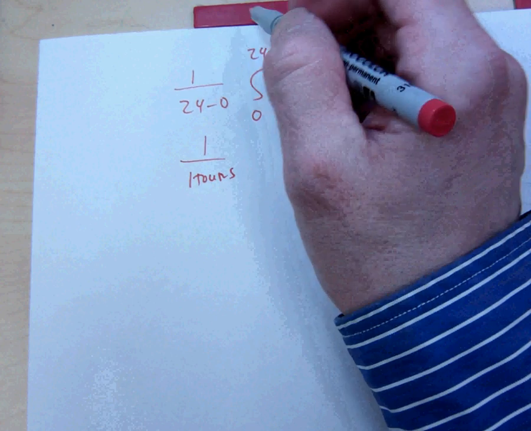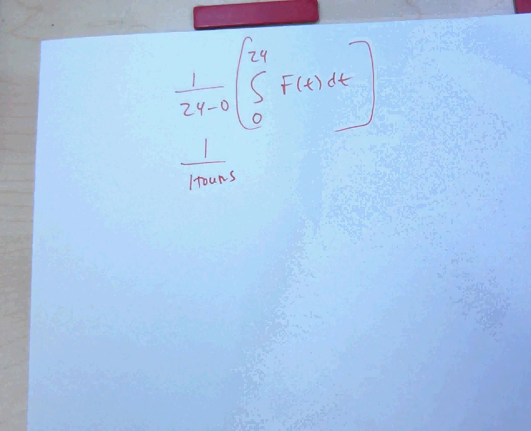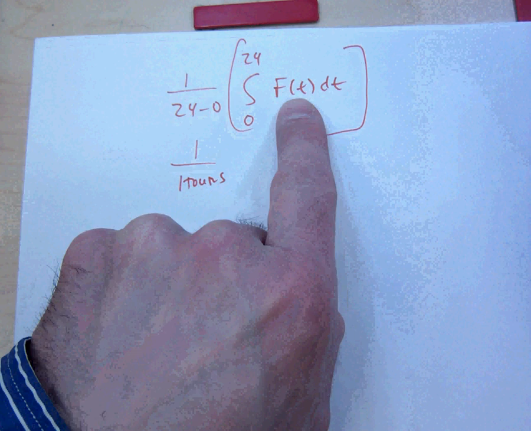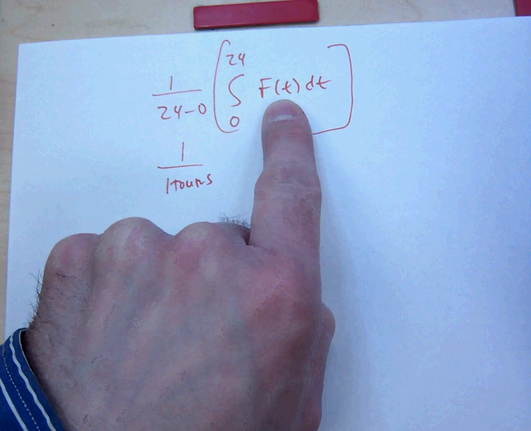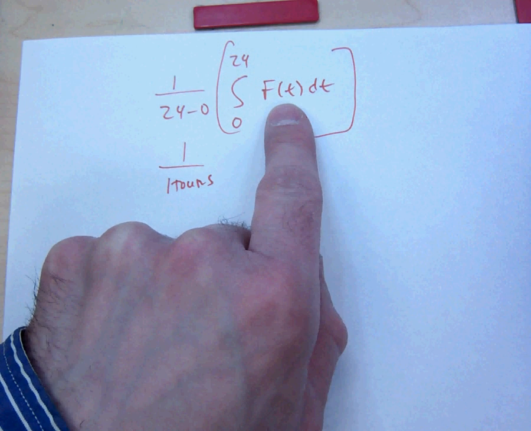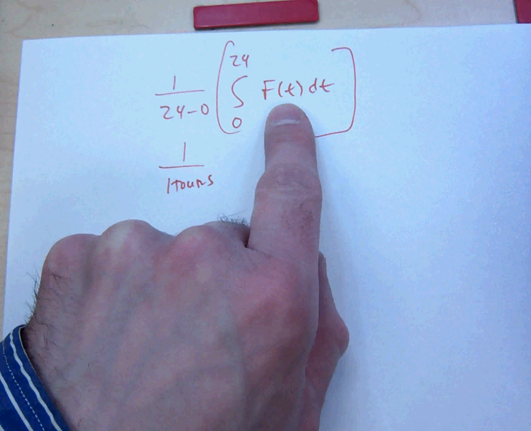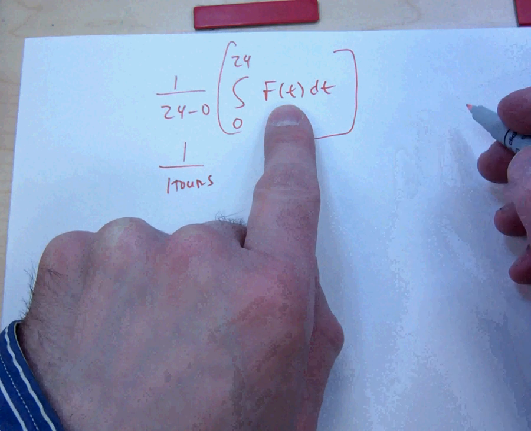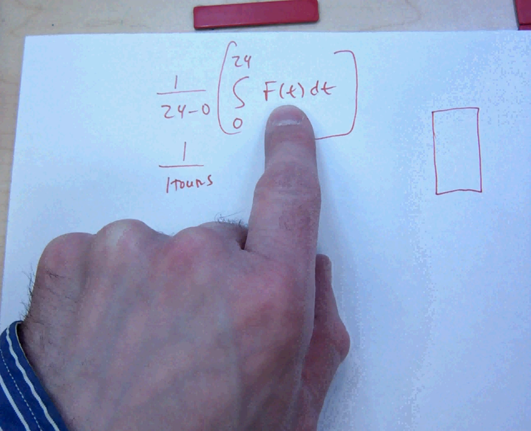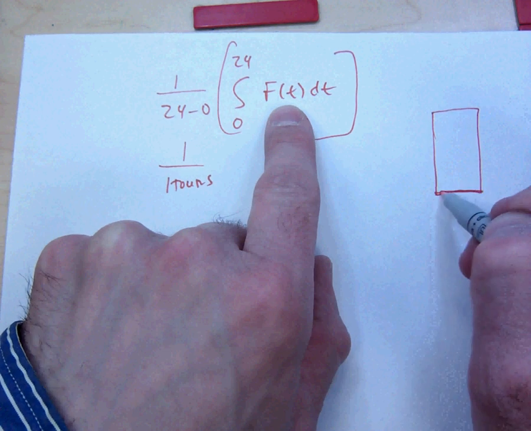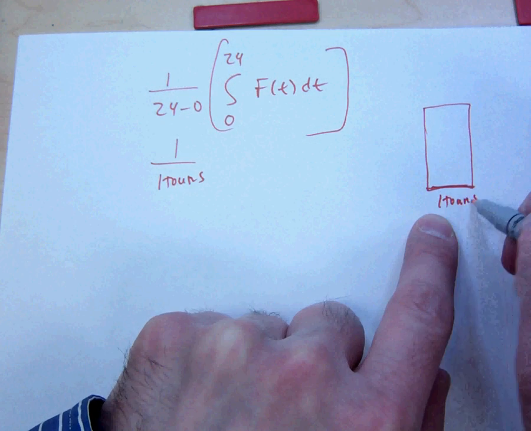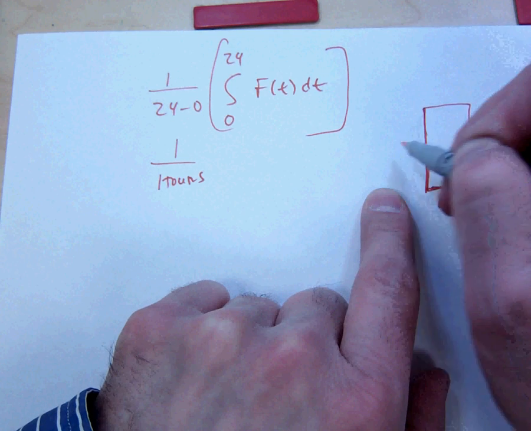All right, now what about this thing? That's area under the curve, right? Whether you're finding the exact area or the approximate area, the units are the same. And so for simplicity, you can think of finding the area with a bunch of rectangles. What are the units from here to here? Hours. What are the units from here to here? Degrees.